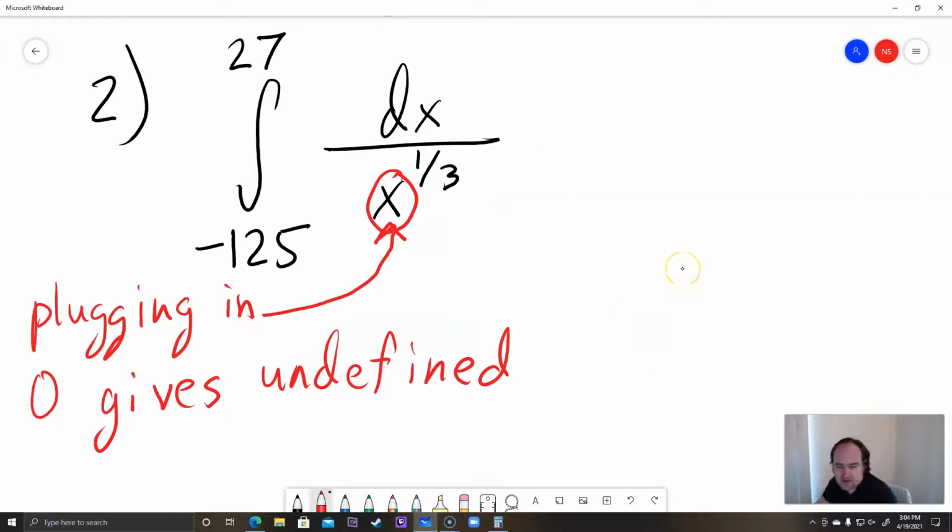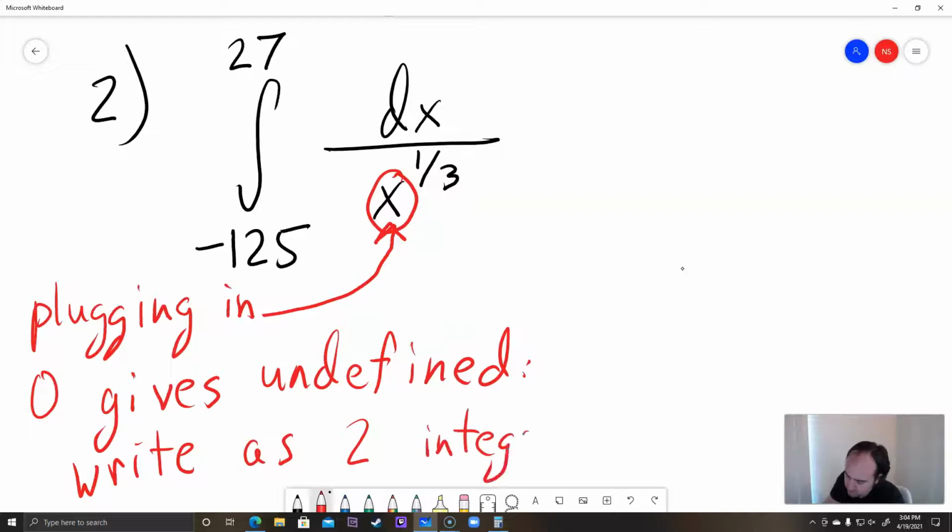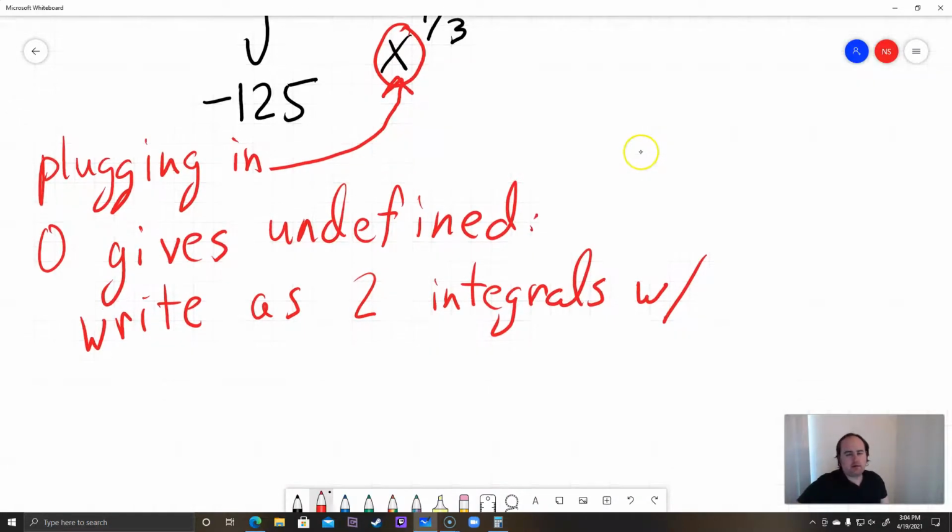Okay, so if you plug in 0, that gives undefined. So we're going to write it as two integrals with limits. Now it's not really that difficult, it's just a little bit obnoxious the way you have to do it, or the way you're supposed to do it.